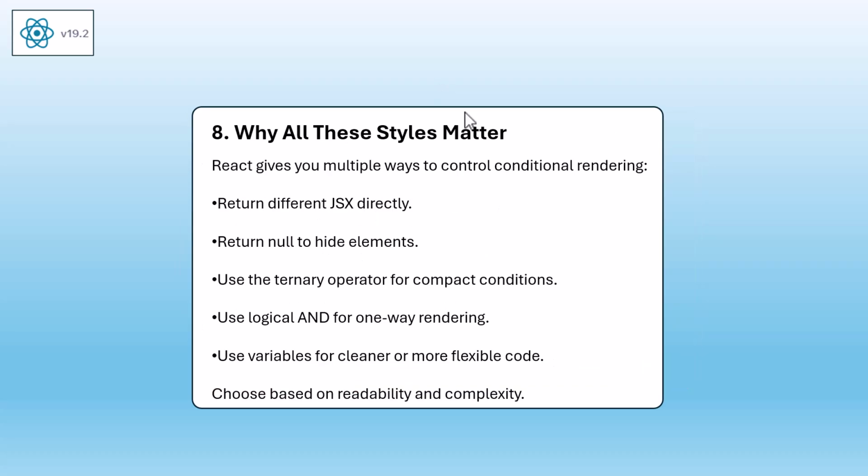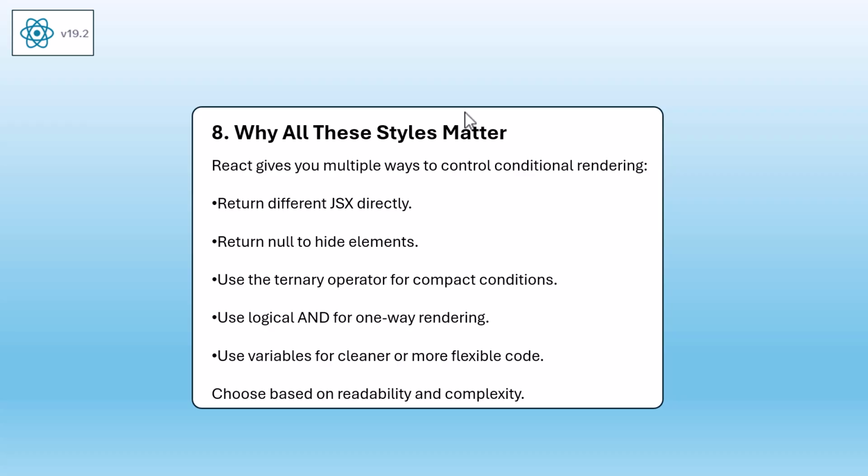8. Why all these styles matter. You've now seen several different ways to handle conditions inside React components. Returning different JSX trees directly with if and return. Returning nothing using null. Using the ternary operator for inline conditional expressions.